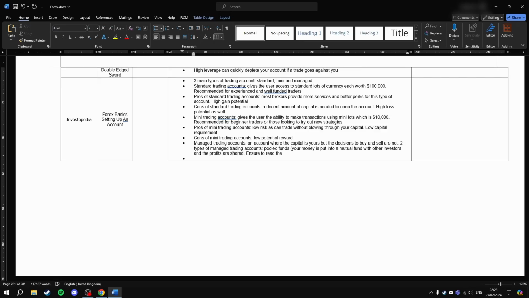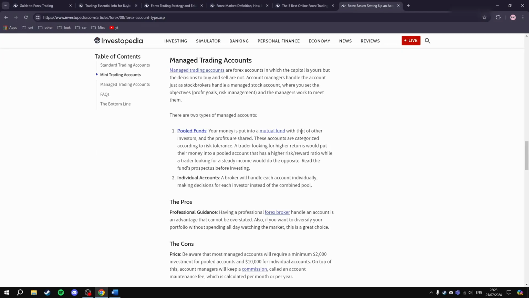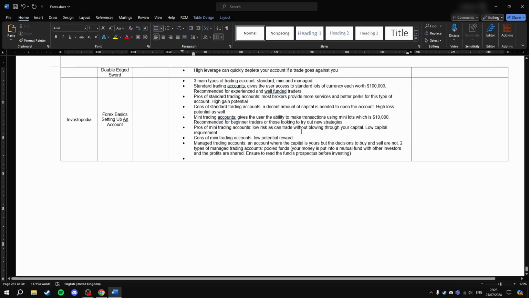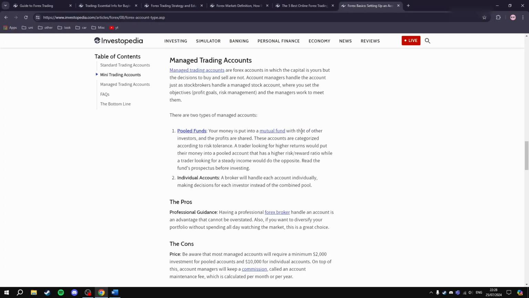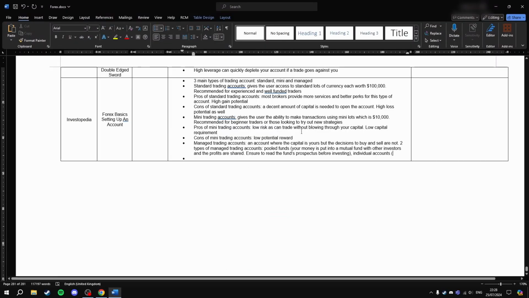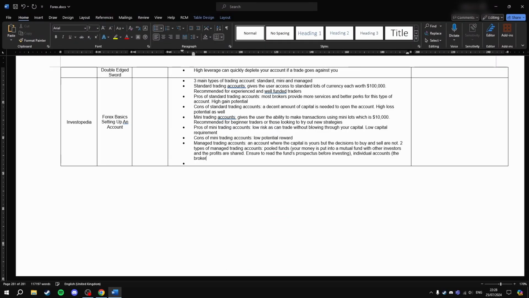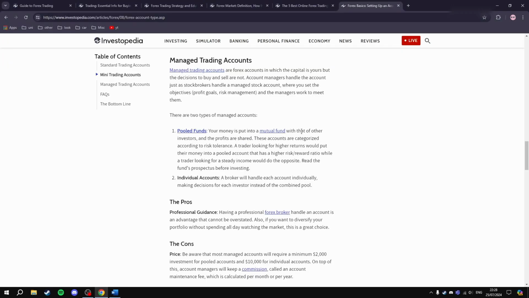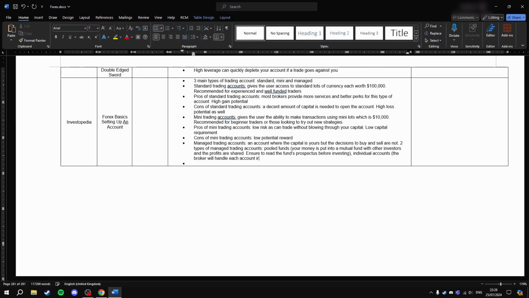Ensure to read the fund's prospectus before investing. Individual accounts. So the broker will handle each account individually, making decisions for each investor instead of the combined pool.